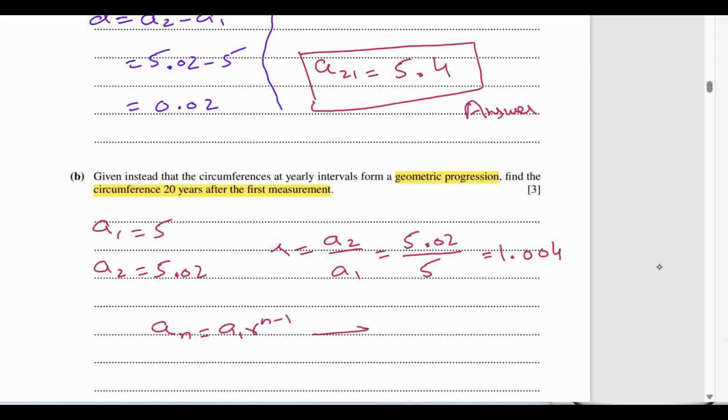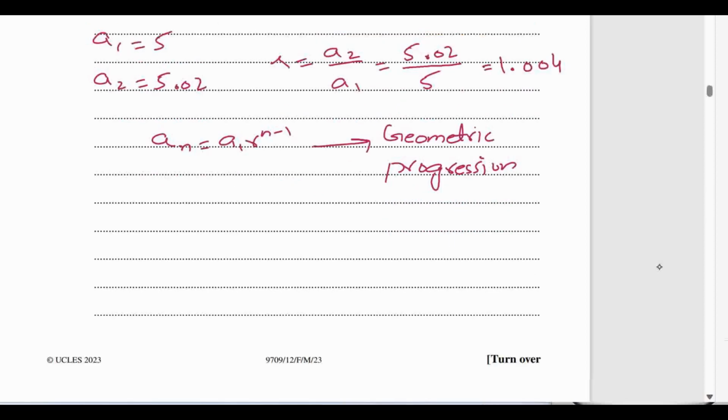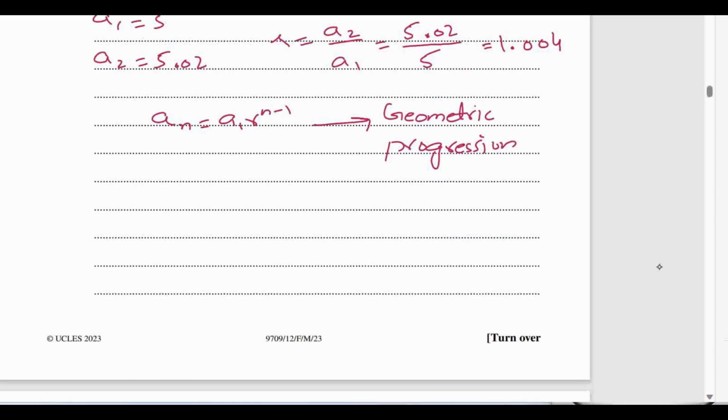Now this formula is for the geometric progression. Now A21 will be equal to A1 is 5 and R is 1.004 and n is 21 minus 1, which is 20.